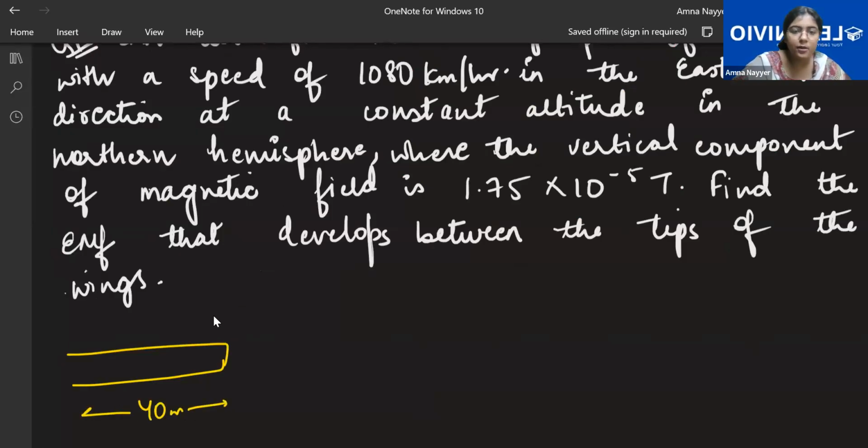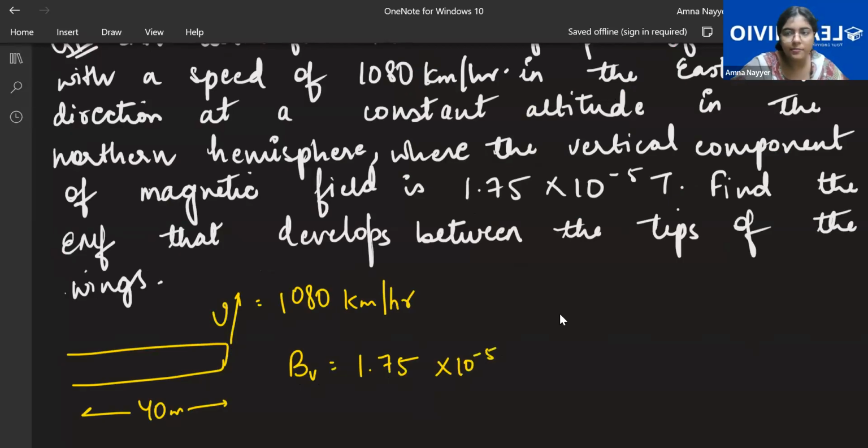Then it says moving with a speed of 1080 kilometer per hour in the eastward direction at a constant altitude in the northern hemisphere, where the vertical component of the magnetic field, so vertical component we discussed in Earth magnetism, is 1.75 into 10 to the power minus 5.